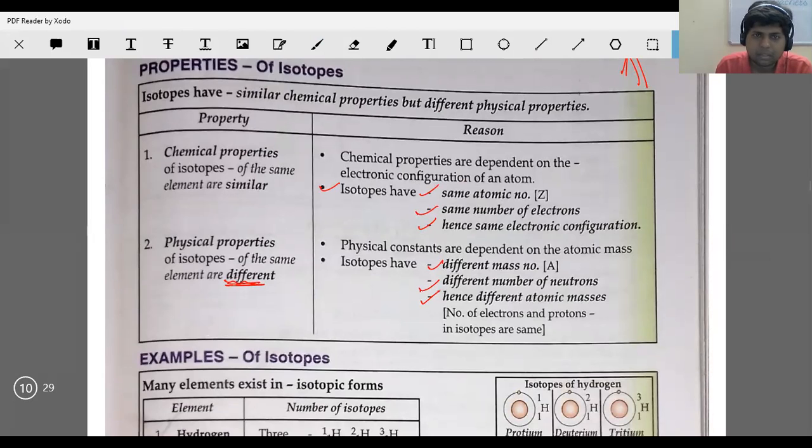That is why their boiling points and bond energies will be different, but chemical reactivity, acidity and basicity will not be affected by the number of neutrons. Is it clear to everyone?